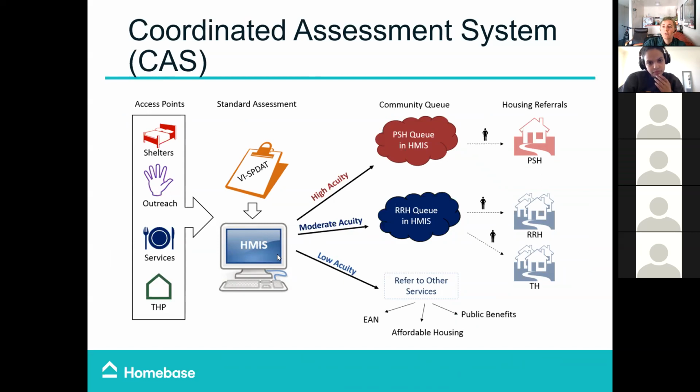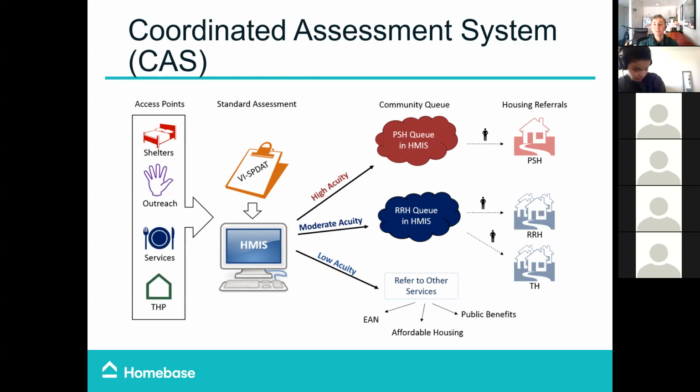There are human beings, currently the matchmakers that are housed at the Office of Supportive Housing, who look at that information, who manage the lists of people, and who actually make the referrals. Does that make sense? Yes. So for an agency to share that they have an opening, it would be through HMIS.